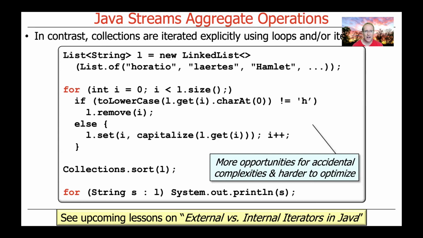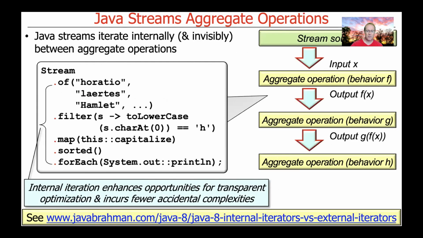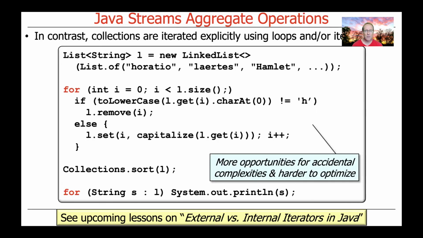You can't come along and make this code run in parallel without enormous amounts of explicit surgery on the code itself. So it's much more effective to do this kind of program than this kind of program, even though this kind of program is probably more intuitive to you at this point.